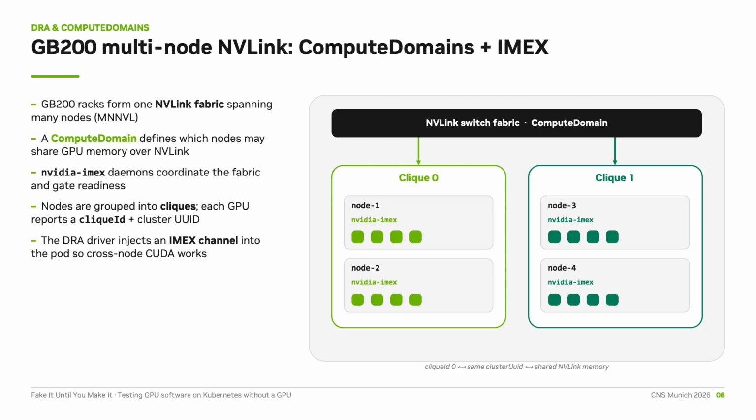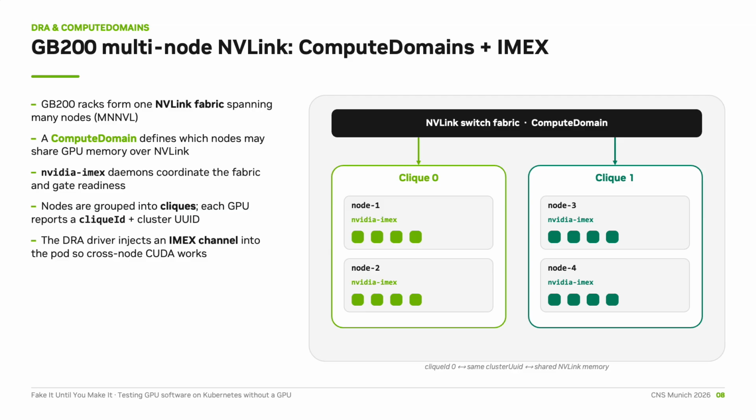Doing this by hand is really hard, right? A clique is an abstraction made by the NVLink team to tell which nodes are connected via NVLink. And you can have multiple cliques, meaning you can have multiple subsets of nodes in a rack of a GB200 that are sharing NVLink, and then they will be isolated kind of like by network.